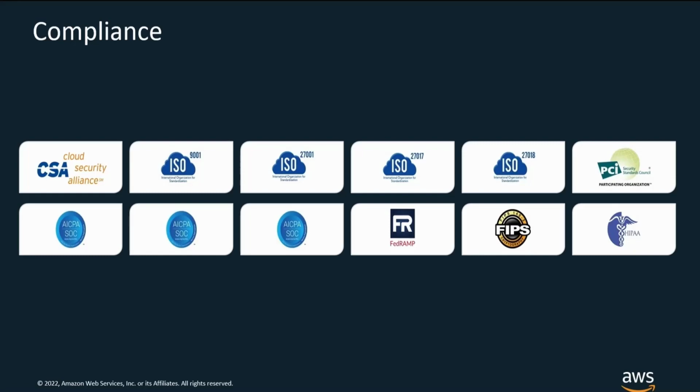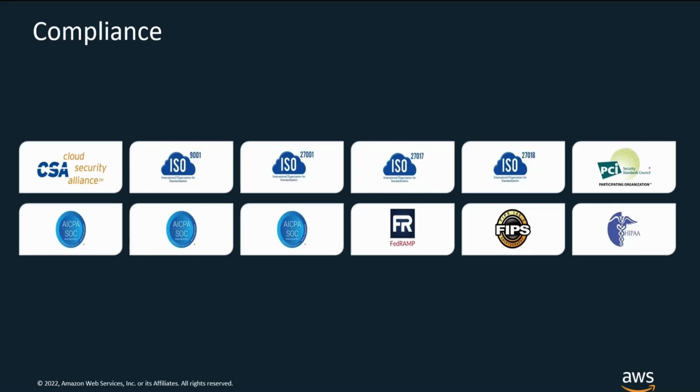Third-party auditors assess the security and compliance of AWS Container Services as part of multiple AWS compliance programs, as you can see on the screen. Some of those are SOC, PCI, FedRAMP, HIPAA, and others. You can download third-party audit reports using AWS Artifact.